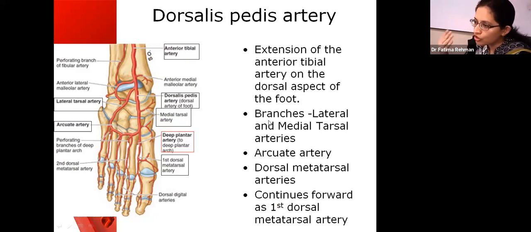Because it is an arch-shaped artery, basically its origin is from the dorsalis pedis artery, but as it's an arch-shaped structure, laterally it is joined by the lateral tarsal artery.